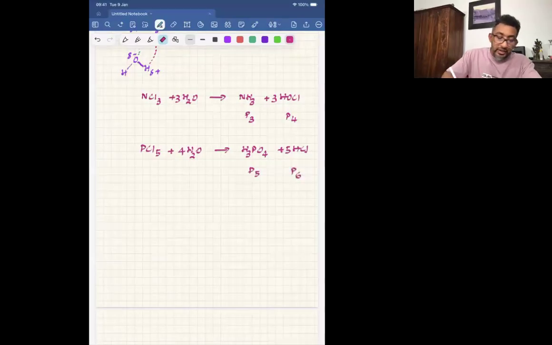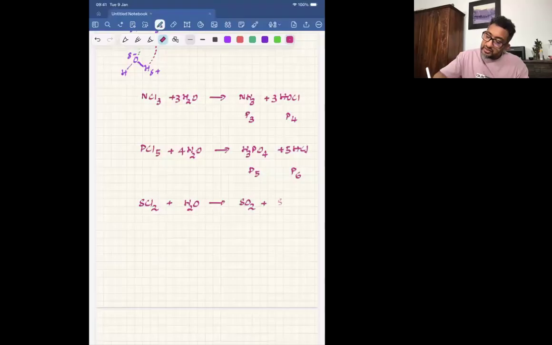All right. D, I told you, SCl2. The colloidal form is formed from the chloride. This is the only one. And here it undergoes disproportionation. It undergoes oxidation, sulfur, and the other one is HCl, I believe. So here sulfur is plus 2, goes to plus 4, 2 electrons.